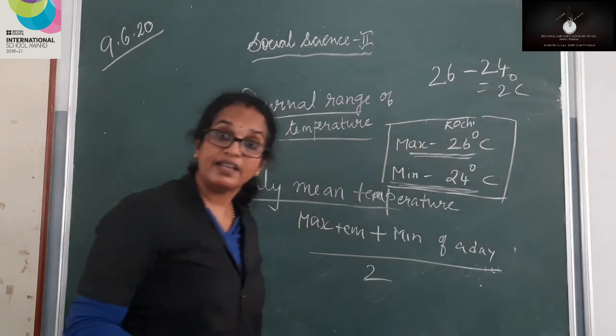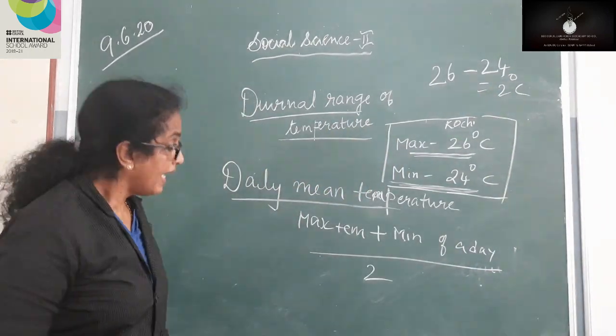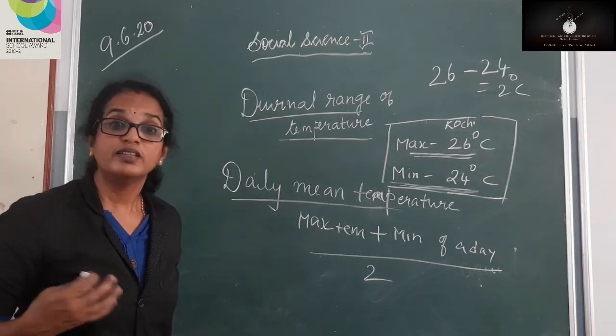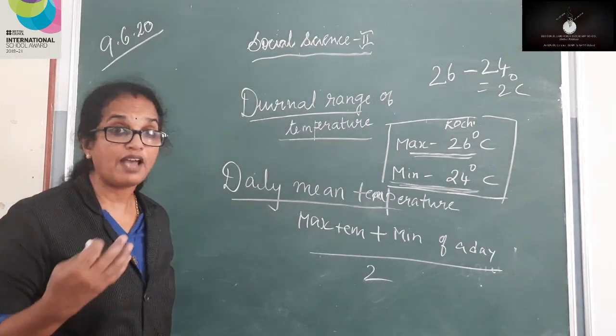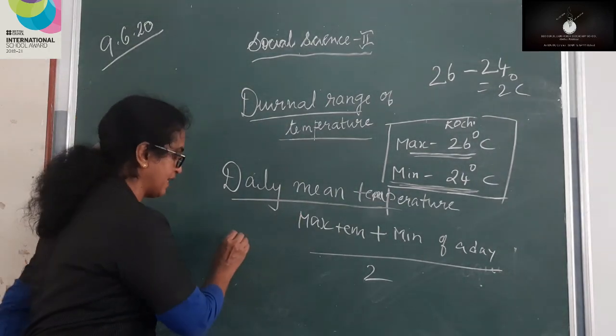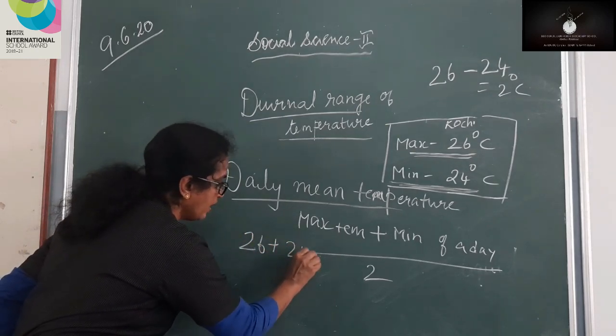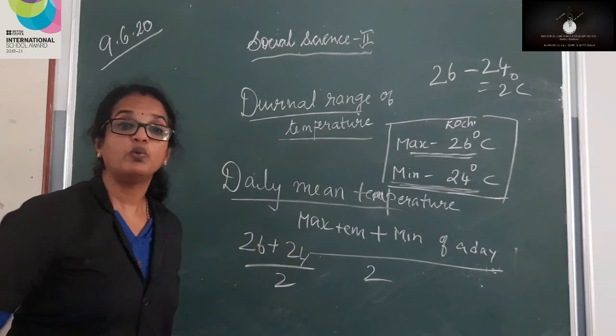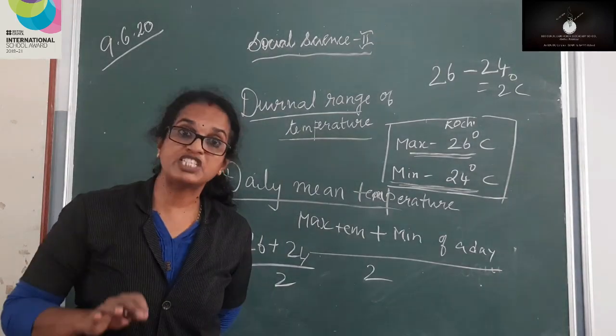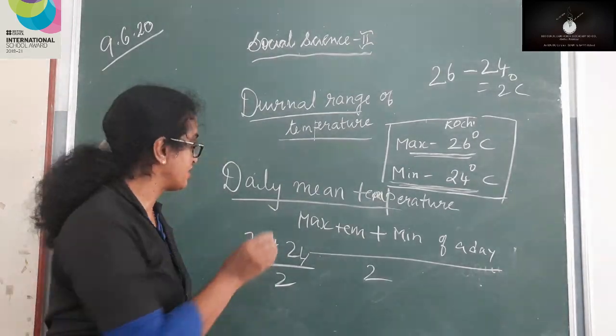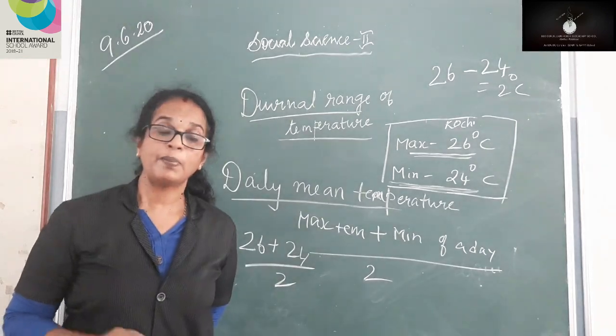This is the diurnal range of temperature. In case they ask you to calculate the daily mean temperature, then 26 plus 24 divided by 2 will give you the daily mean temperature.